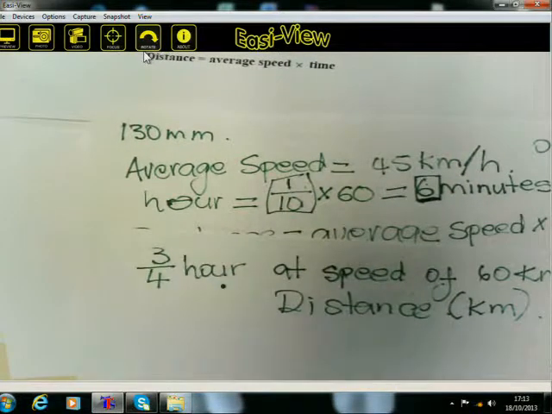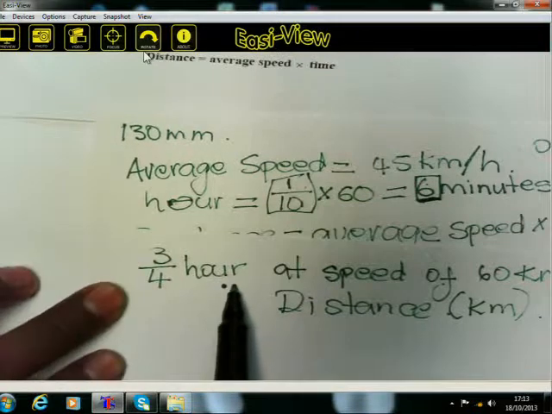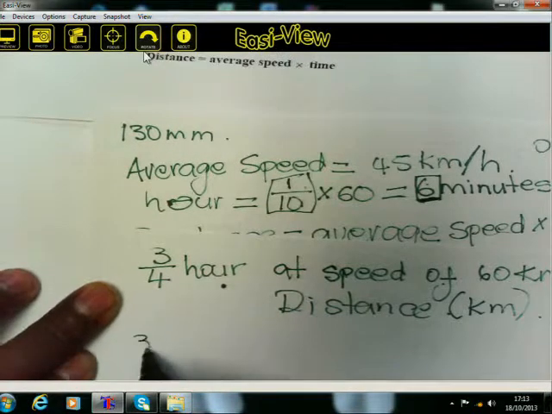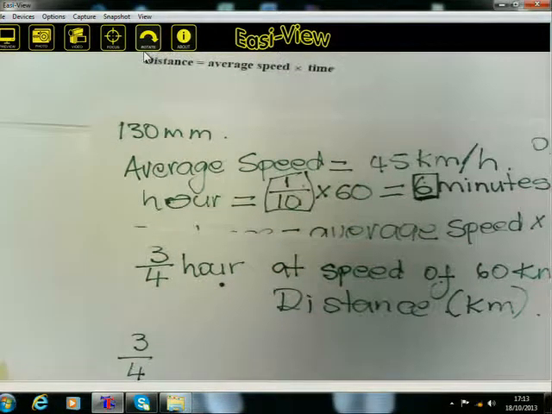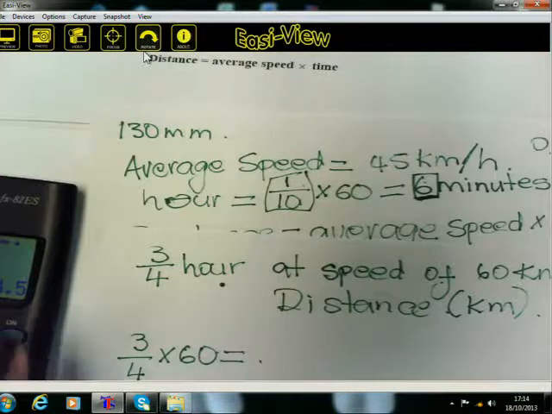Fine. Now our time is 3/4 of an hour. 3/4 multiplied by 60, which is 15 minutes.